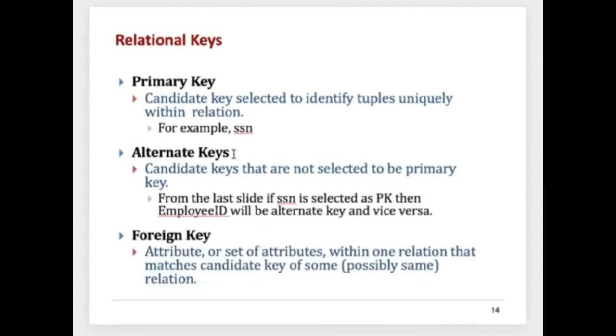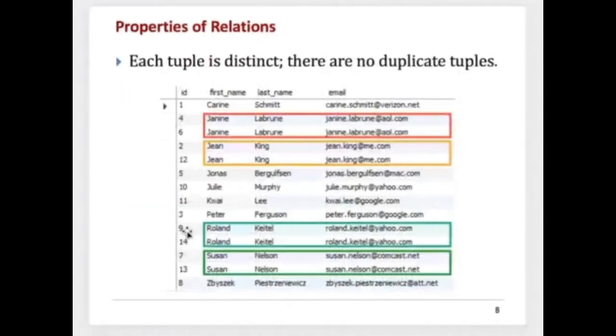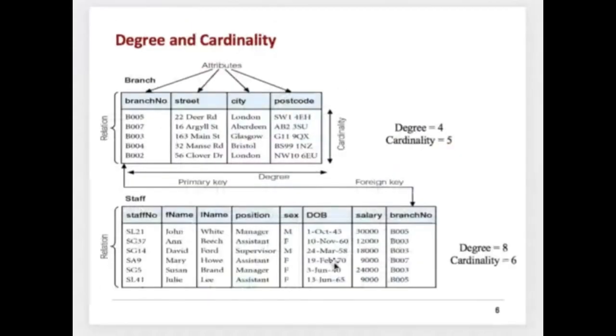Okay, then there is the concept of foreign key. As I told you, in one table there is one primary key. If you have the same column in another table, we will link them together. For example, let me see if I have a picture, I can show that to you. Yeah, this picture. We have two tables and a column in this table, branch. This column, branch number, we declare as a primary key.